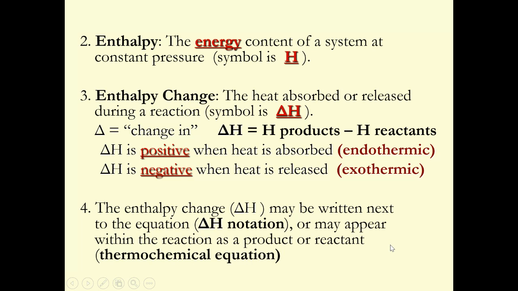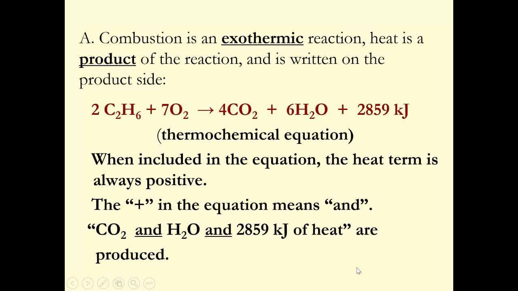Now, when we associate delta H with a chemical reaction, we can write it either as a delta H after the reaction, or we can also include it in the reaction as a reactant or product. So here's what that looks like. Combustion is exothermic. When we burn something, heat is released, and it is a product of the reaction.